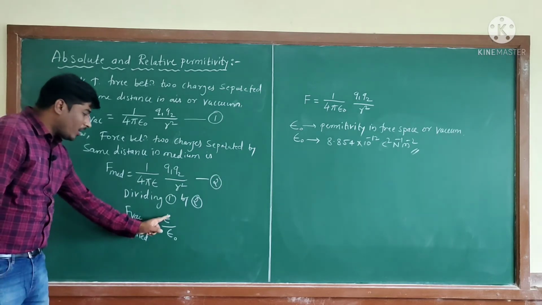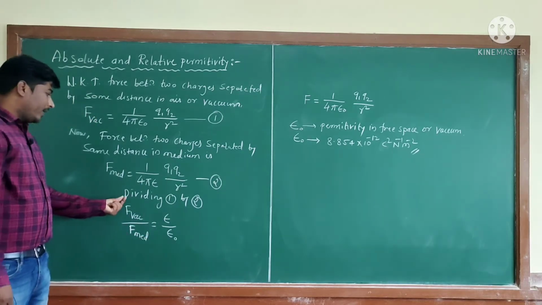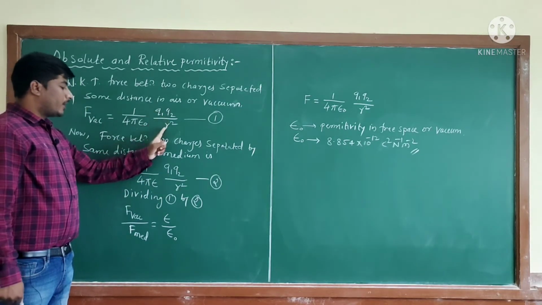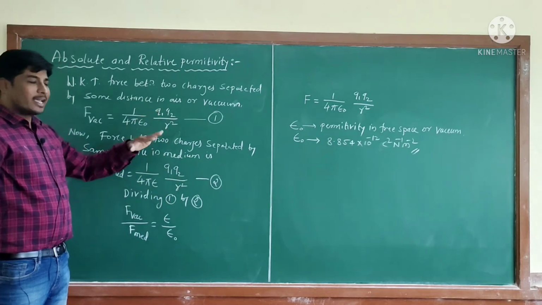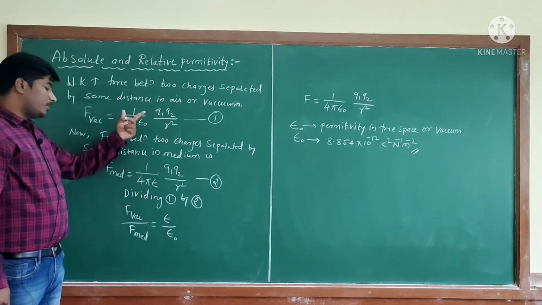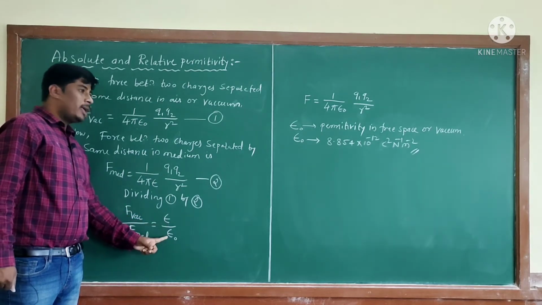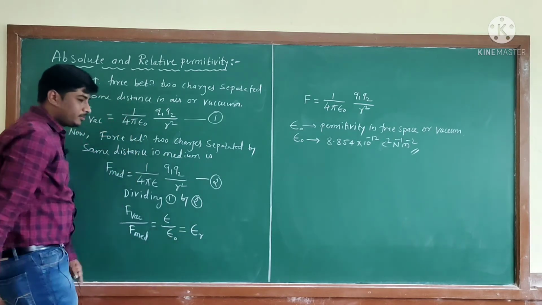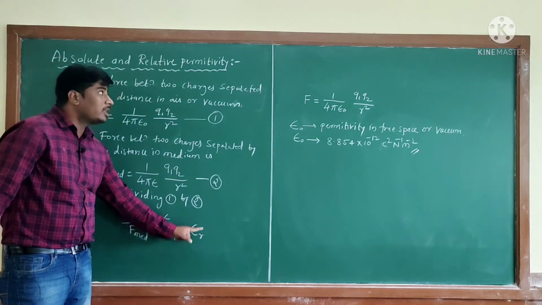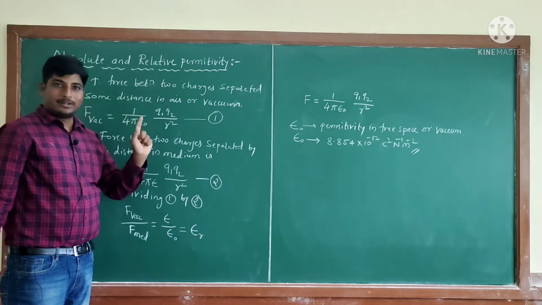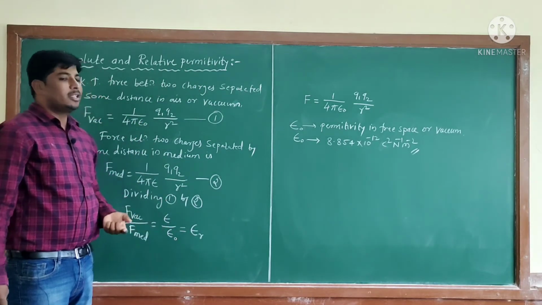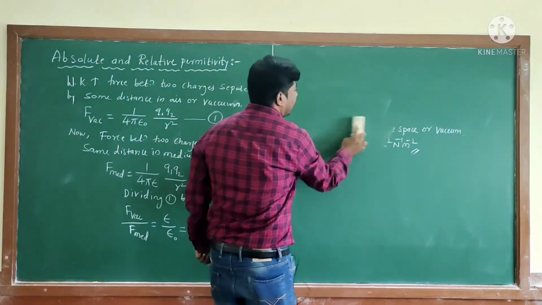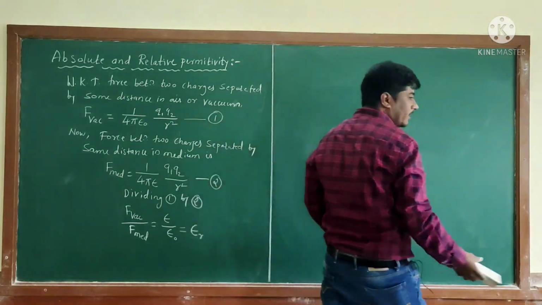When we divide equation 1 by 2, the 4 pi cancels, and q1 q2 by r square cancels. What remains is epsilon naught coming to the numerator. So this is epsilon divided by epsilon naught, which is called epsilon r. This epsilon r is called the relative permittivity.